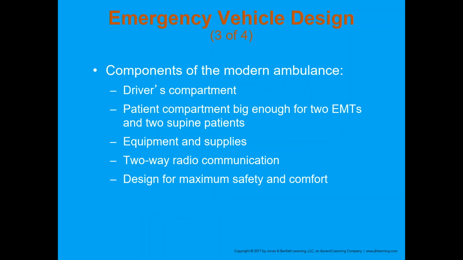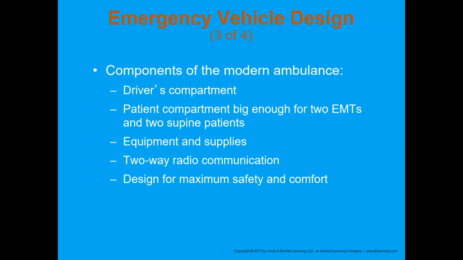So a couple of different components of the modern ambulance: we obviously have the driver compartment. That's where we sit. That's where we drive. It's got our navigation, our lights and sirens, how everything works. And then we have the patient compartment, which is big enough for 2 EMTs and 2 supine patients. Doesn't seem that way sometimes, but we can put at least 2 people on their back in there.